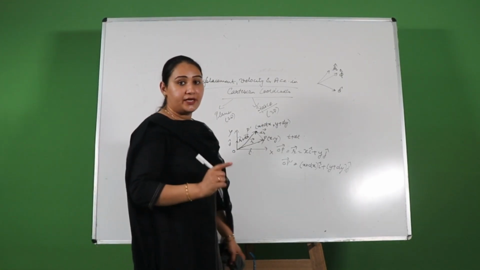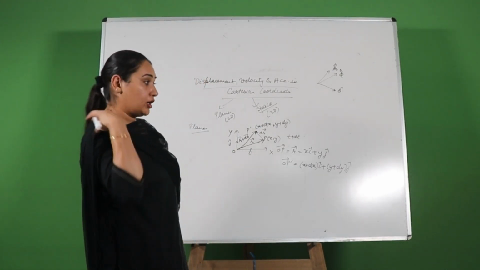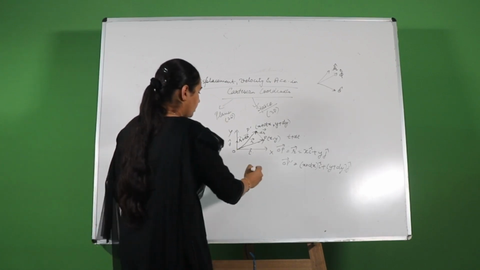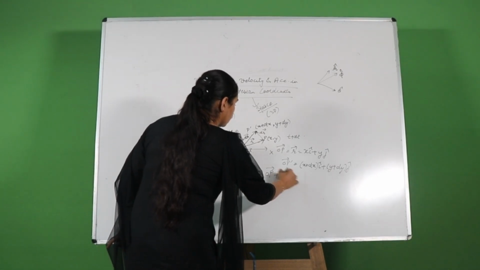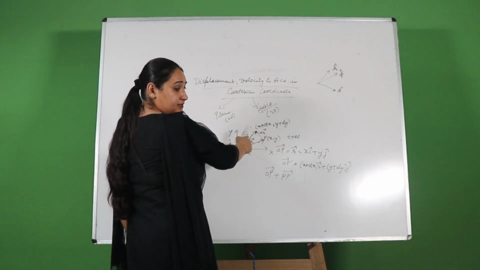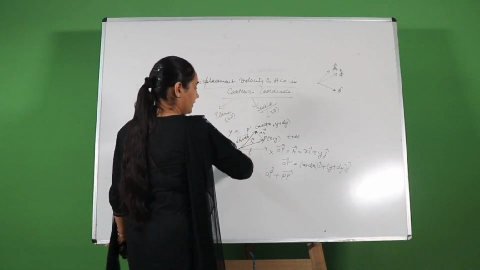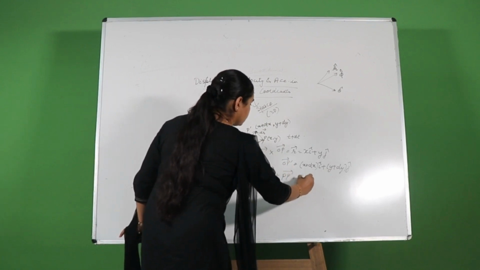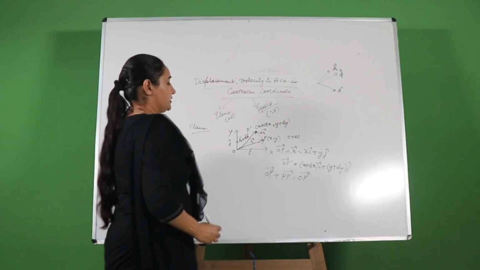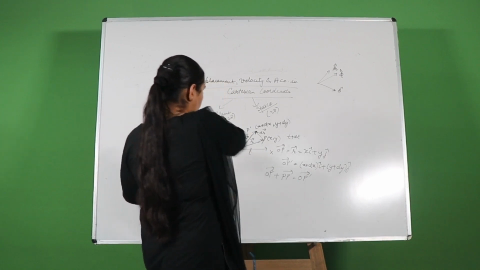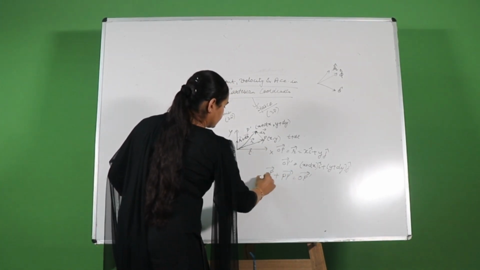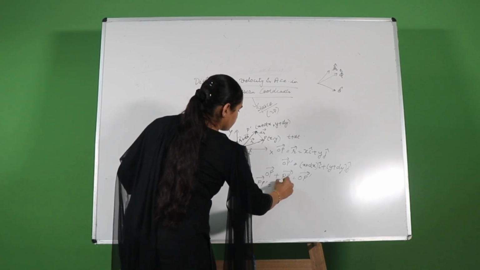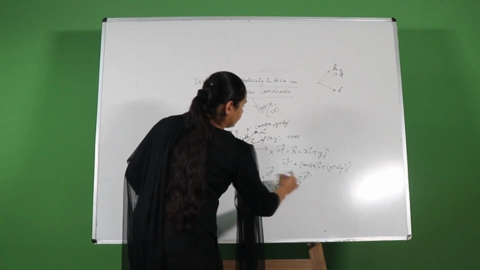Now you know the triangle law of vector. According to the triangle law, OP plus PP dash, the two vectors in the same direction, get added, and the third gives me the resultant OP dash. So what will be my PP dash? PP dash will be OP dash minus OP.